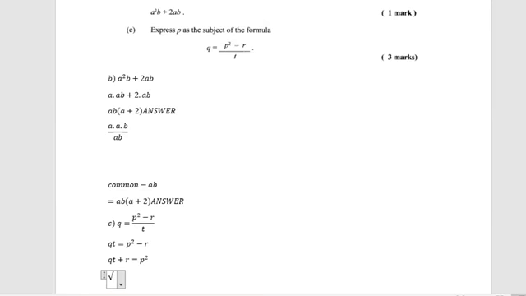So it becomes the square root of qt plus r is equal to p. And believe it or not, that is how simple it is, and you get your 3 marks, and that is my answer. Any questions?